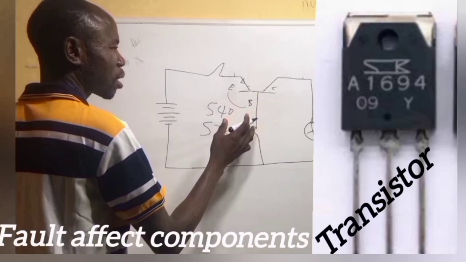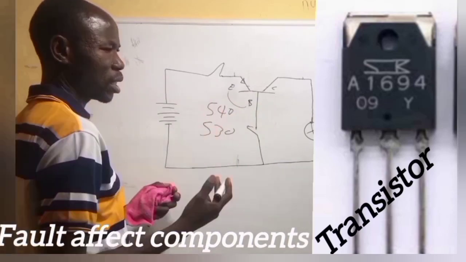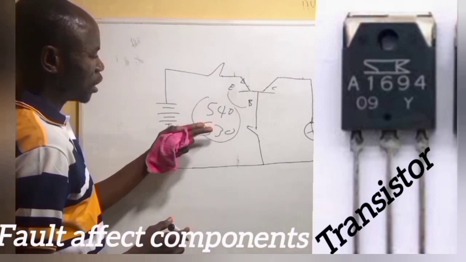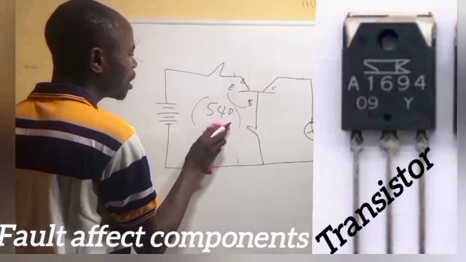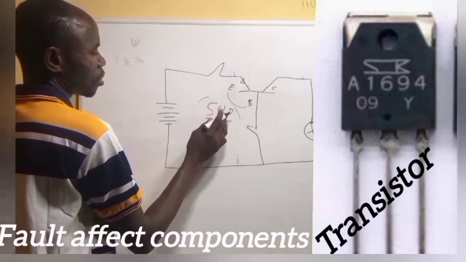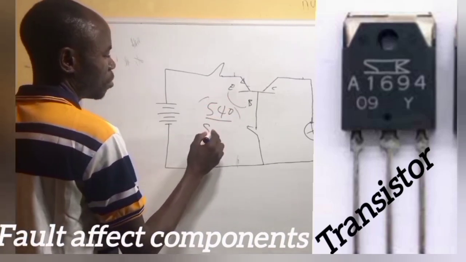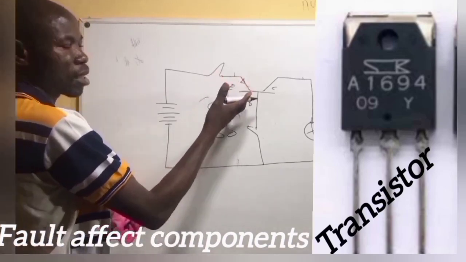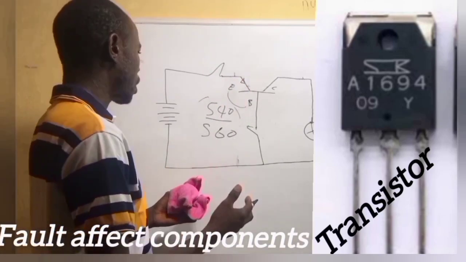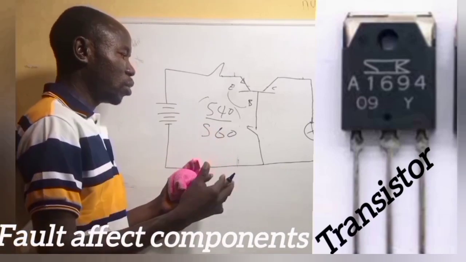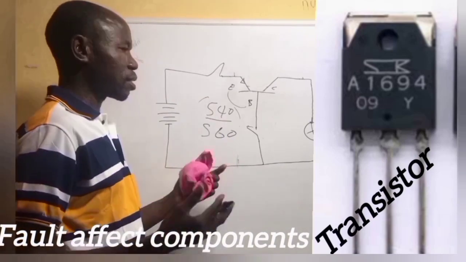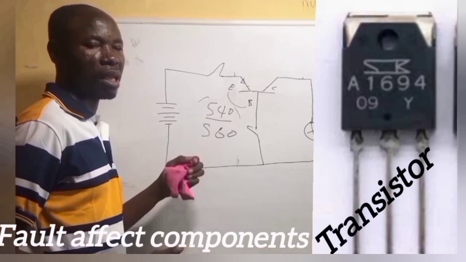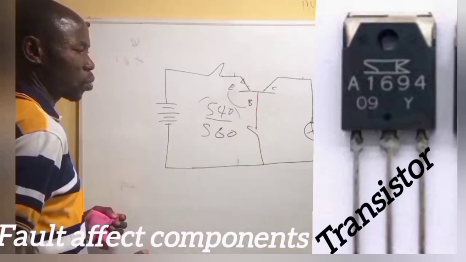So a transistor can have increase or decrease in resistance. This is the actual design resistance, and it can be maybe 560. When it becomes 560 like that, it means the transistor is faulty because it has an increase in resistance, which has caused a difference from the actual design resistance.